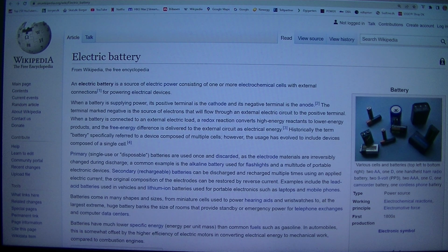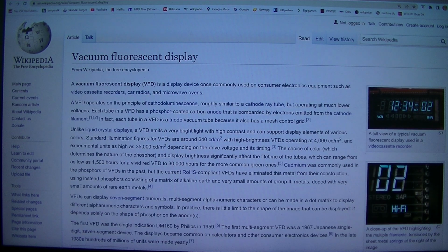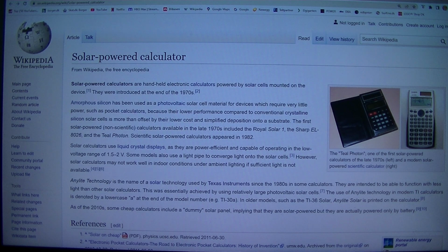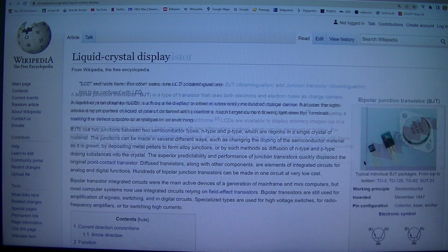Yes, electric batteries, solar power calculators, and there's something display. That's vacuum tube display. Electric battery, the light emitting diode, LED. Calculator display, vacuum, liquid.